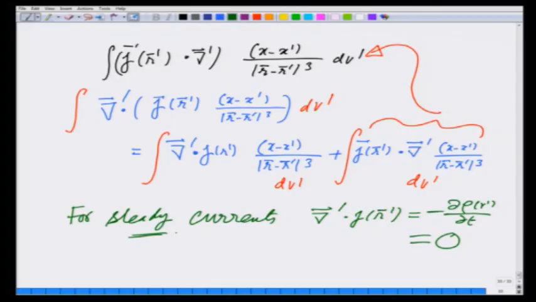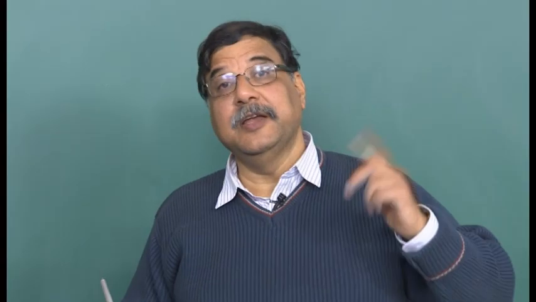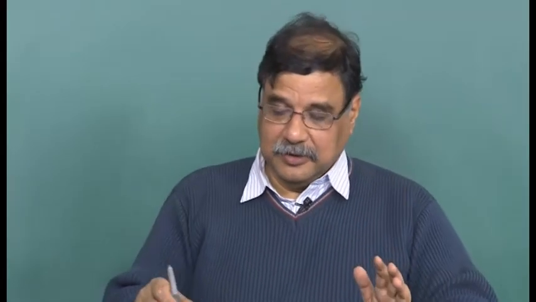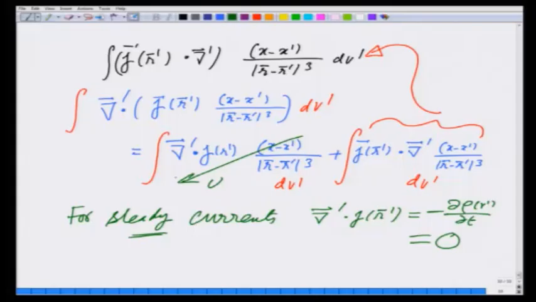If the currents are time varying, this term does contribute, and we will see later that this gives rise to something called the displacement current, but for the time being, for Biot-Savart law, for steady currents, this term is 0. And if the currents are localized, that means far away from the system they go to 0, this divergence can be changed into a surface integral, and that surface integral will also go to 0, because far away j has really become 0 on that surface.